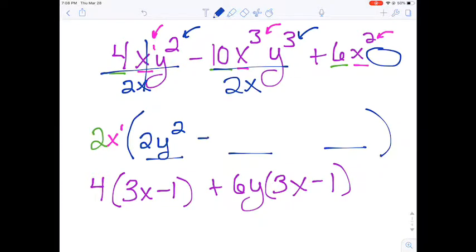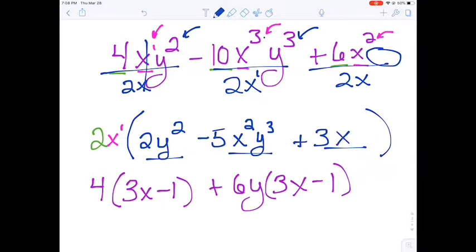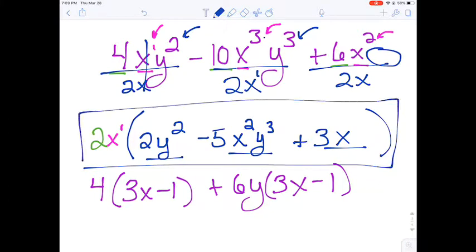Negative 10 divided by 2 is negative 5. x cubed divided by x is x squared. And then the y cubed is going to remain because no y's are being divided. Lastly, 6 divided by 2 would give me 3. x squared divided by x would leave me with x. So that would be my factored polynomial.